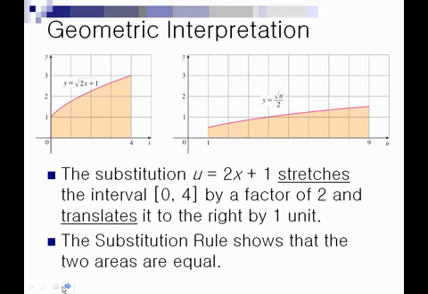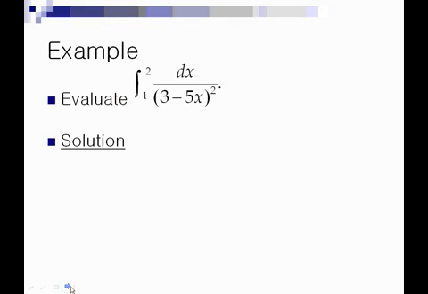And so actually, if you just calculated this area, it wouldn't be the proper area. So you have to take that into account. So the differential will introduce an additional factor of 2. All right. Okay.